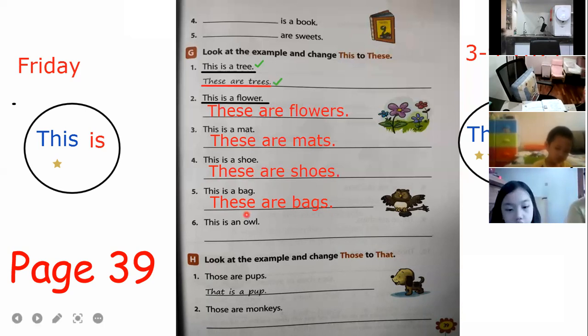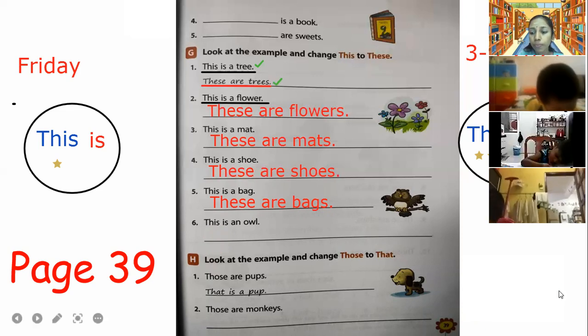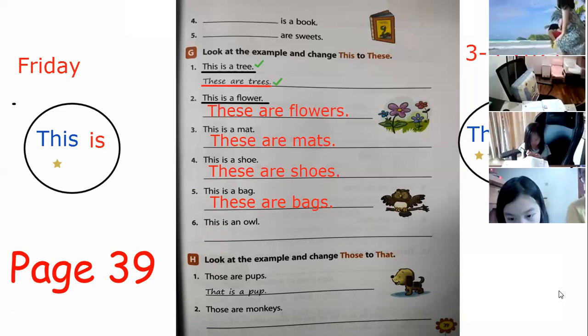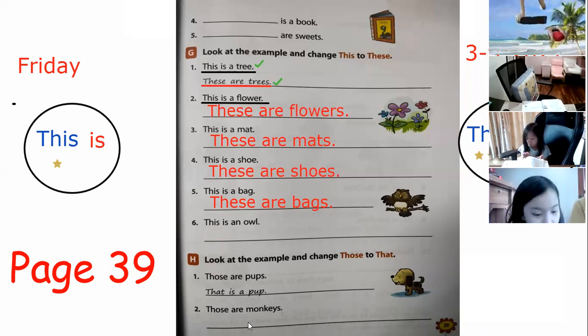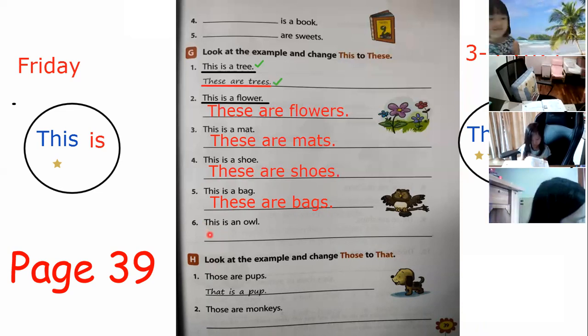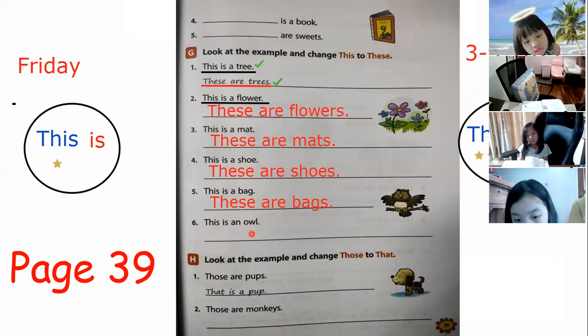Right. The last one here. I am going to ask Annabelle. Right, children, let's read this sentence first before Annabelle gives us the answer, okay? Everybody say with me.